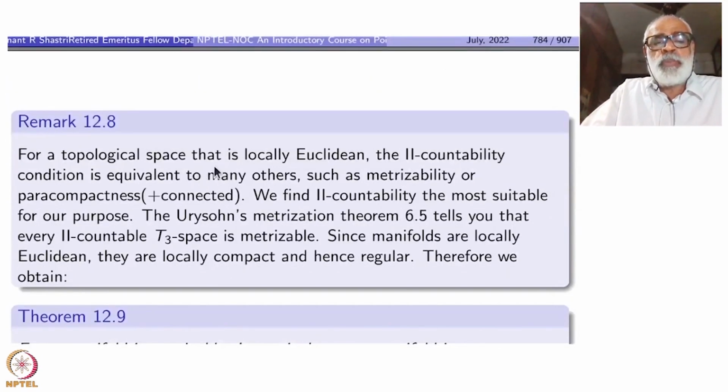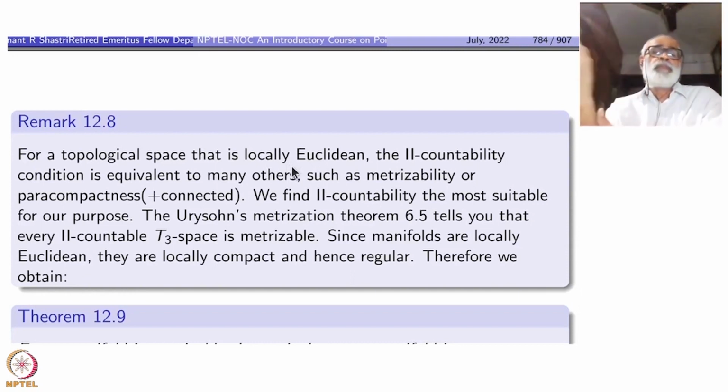Now, a manifold is a topological space that is locally Euclidean, second countable, and Hausdorff. The second countability condition, why do we choose that one? It is equivalent to many others. What is the meaning of that? Locally Euclidean implies, remember, that it is locally compact, it is locally convex, and so on.